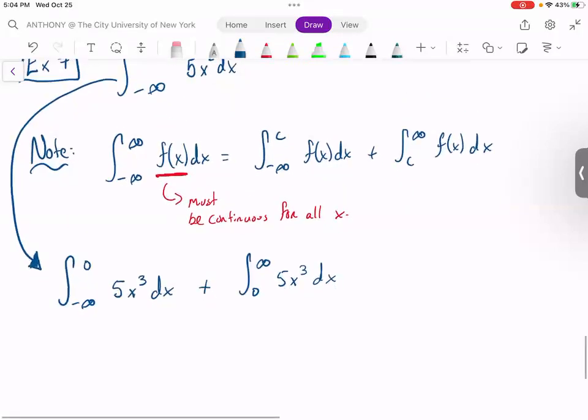All right, well, the antiderivative of 5x cubed is going to be 5x to the 4th over 4, evaluated from, well, I should have used a limit statement.